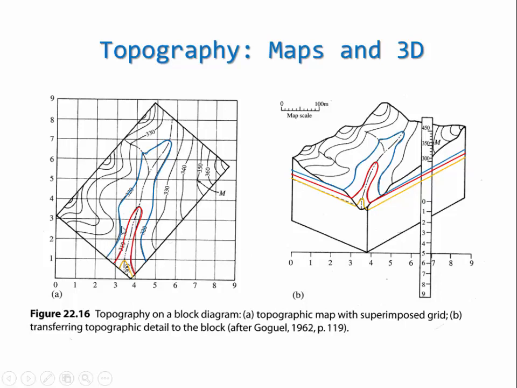We see here the 320 meter contour line covers a fairly large area of the map. This valley here is running from the south to the north, almost to the northern end of this topographic map, and we see here everything between the red and the blue contour line has a topographic altitude between 310 and 320 meters above sea level.